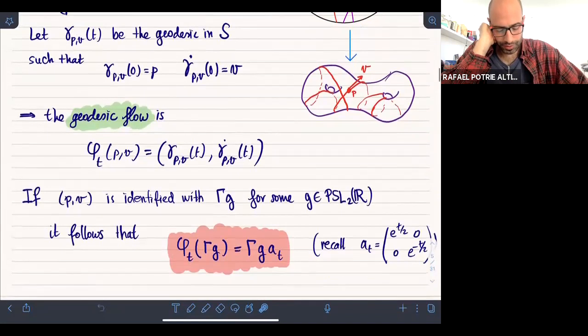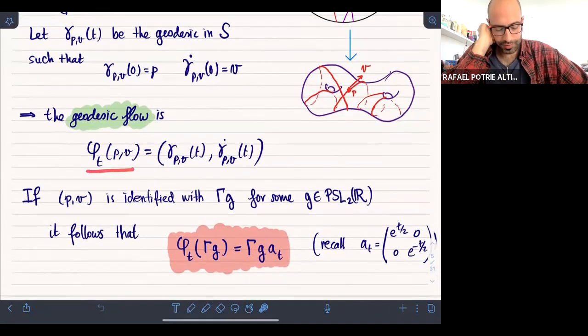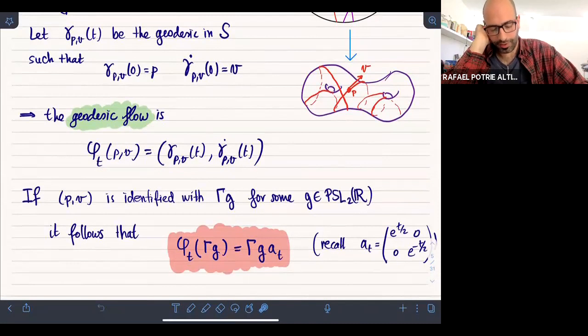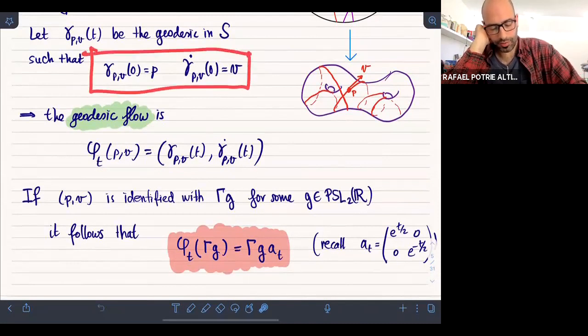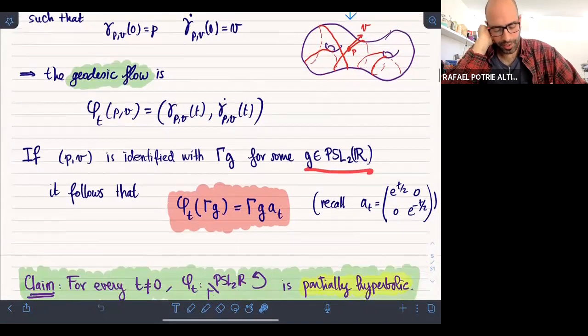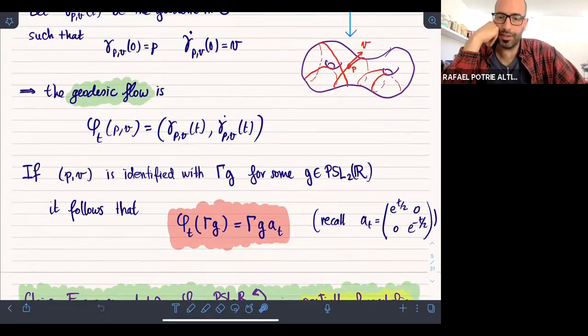And this solution, what we were saying is that if you write the geodesic flow as this, so if you start with a point and a vector, then you take the geodesic with these initial conditions through that point at time t, then if the point (p, v) is identified with this class in the quotient for some g in PSL2R, then doing the geodesic flow is exactly the same as multiplying by the matrix A_t.